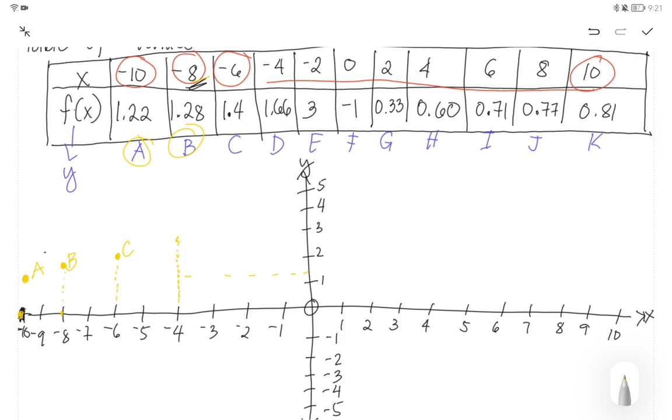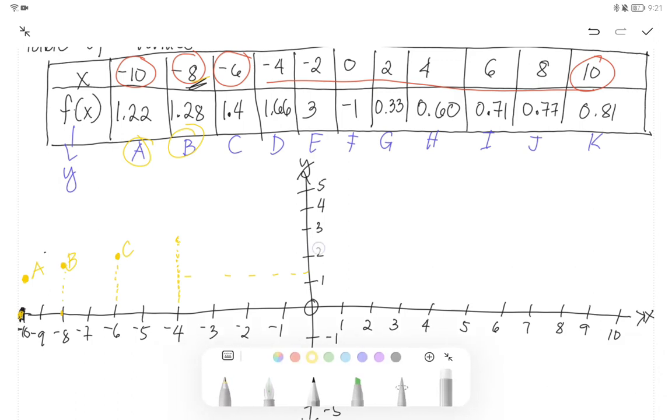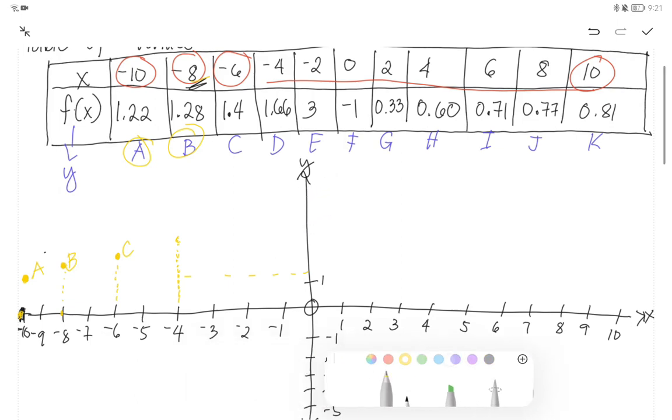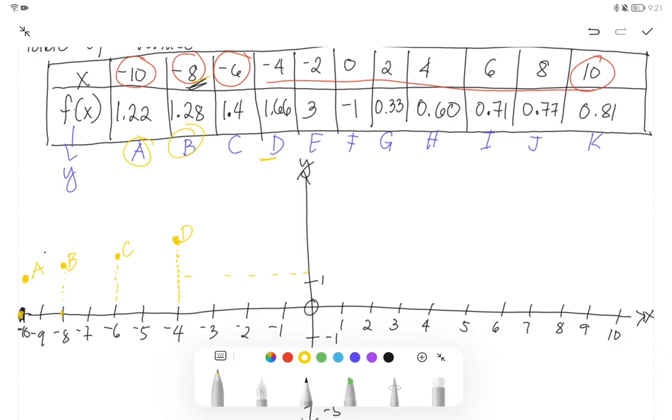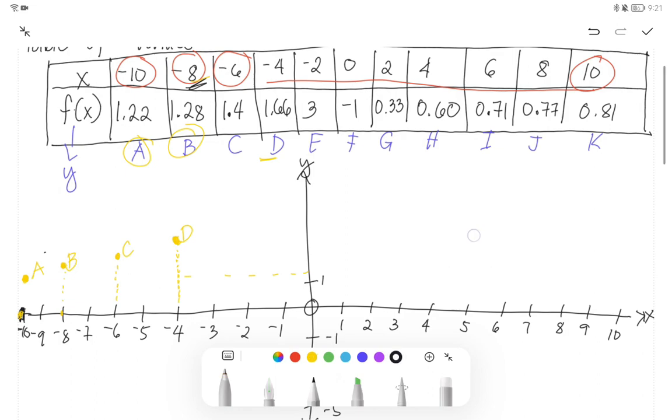Now that's 2 already. Let's adjust the numbers here. 1.66 is D. And for E, let me make other lines at 2 and 3. Going to letter E, we have negative 2 and positive 3.